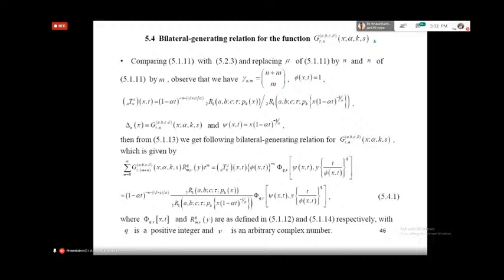So it will be 5.1.1 and 5.2, given into this form, and finally this is your operator. So this can be written into this form, finally this delta x and psi given like this. Basically, we are going to put all the corresponding values, and the bilateral generating relation for this can also be obtained as 5.4.1 in the form of this.